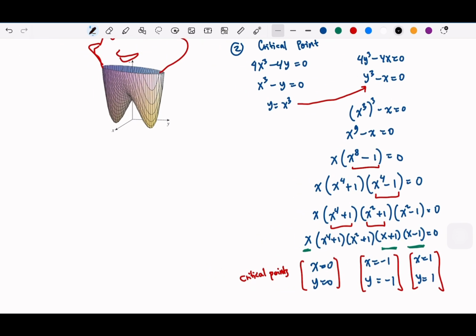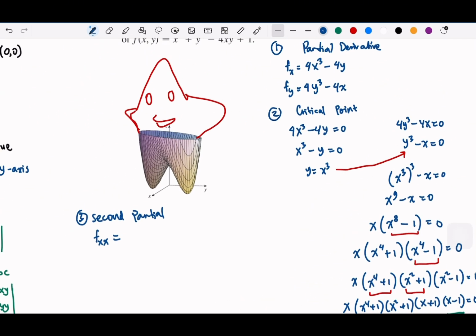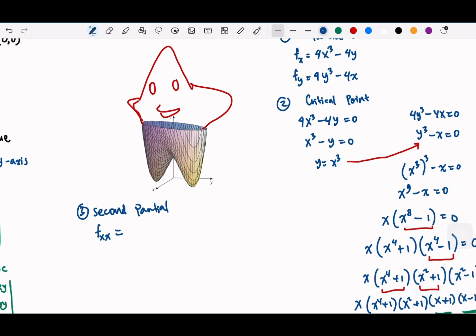And then next, after we get the critical points, what we can do is write down the second partials. We can start from partial xx. So partial xx, we derive the partial x again. So 12x squared.